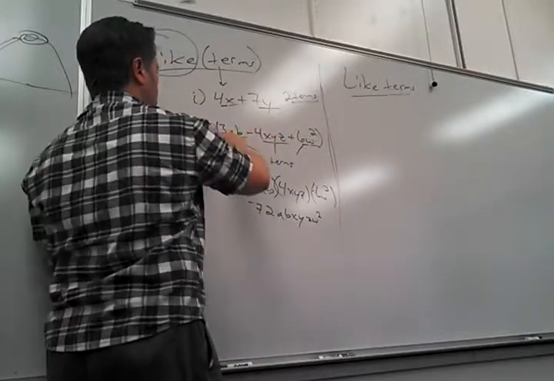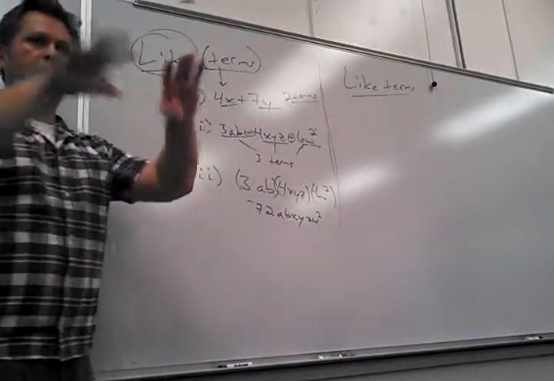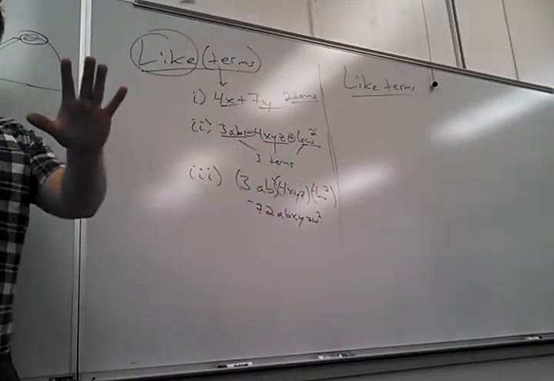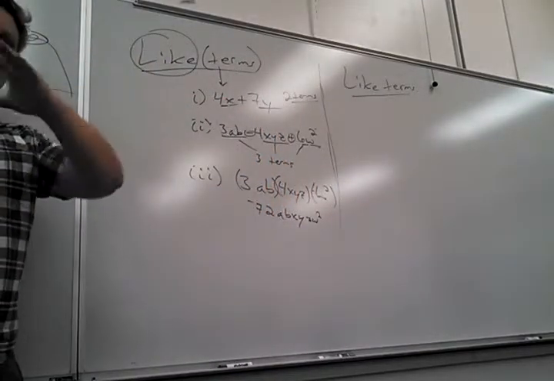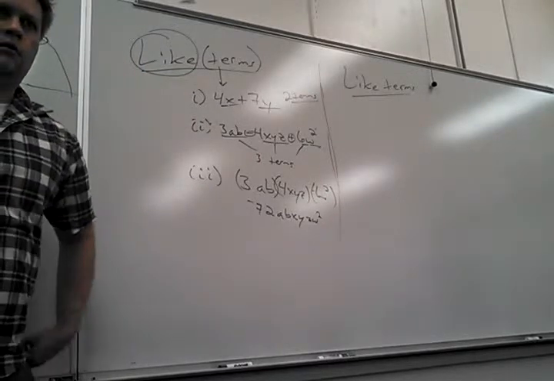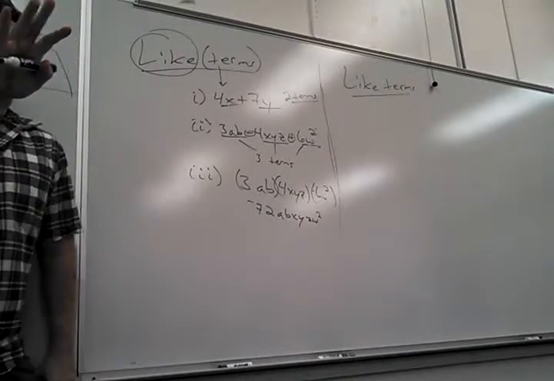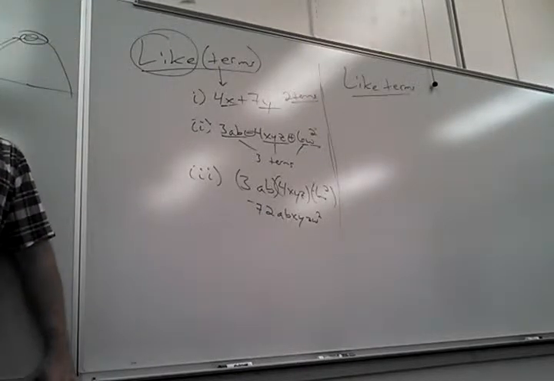We could talk about that later, but terms by itself implies there are things separated by pluses and minuses. But does like term follow that same rule? Well, here's the thing. Like terms tells me the types of terms I can combine.